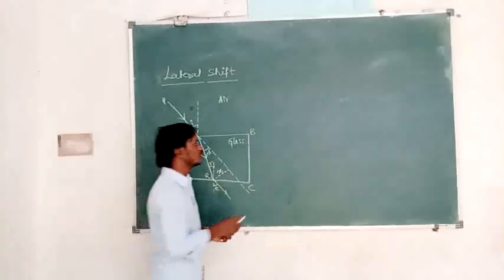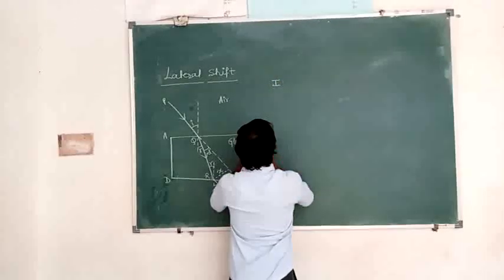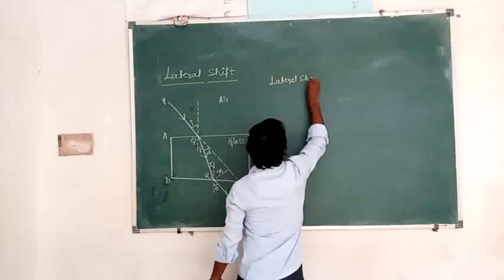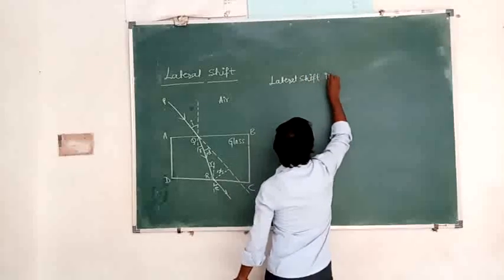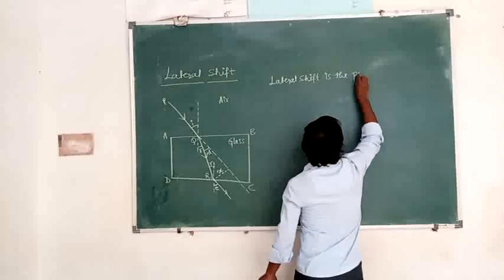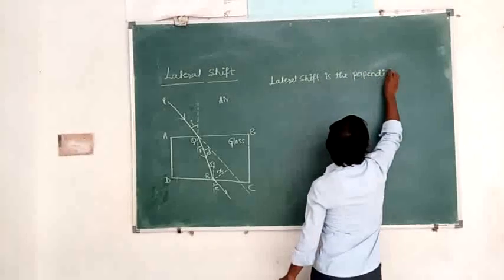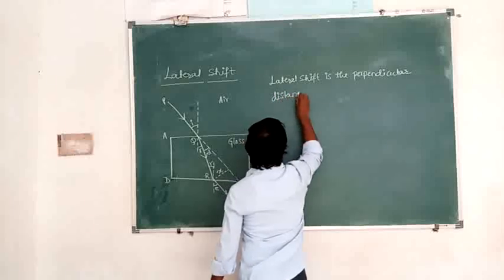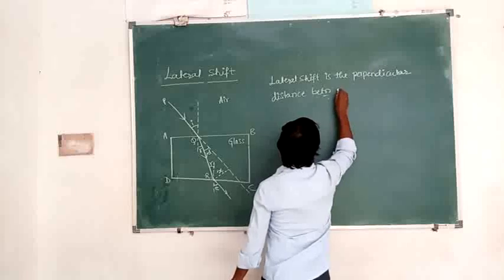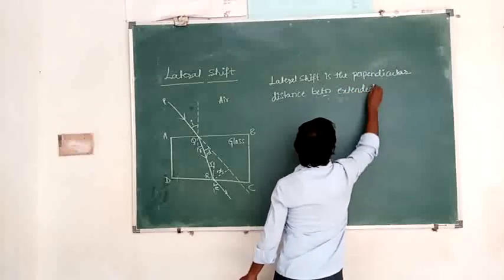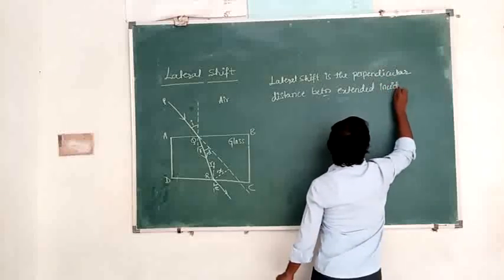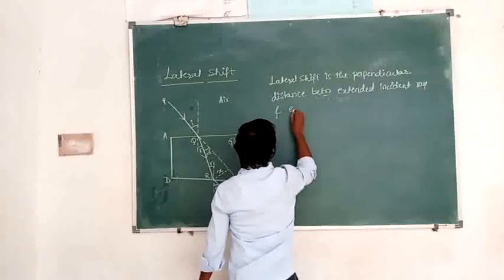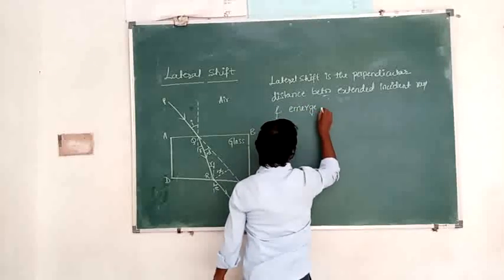Lateral shift is the perpendicular distance between the extended incident ray and the emergent ray in case of a rectangular glass slab.